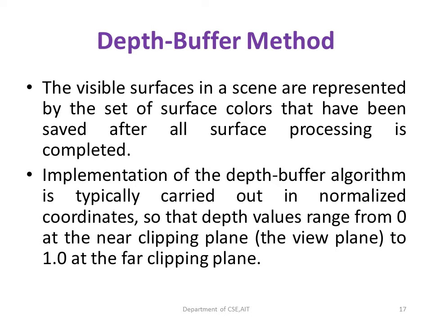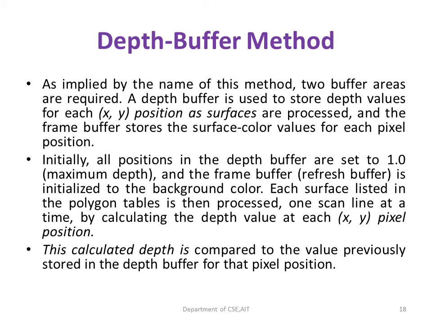Here 0 is considered the near clipping plane and 1.0 is considered the far clipping plane. Between the range of 0 to 1 only, I am going to put all my information, because this is my normalized coordinate system. In the depth buffer method, we make use of two buffers: one for storing the depth and one for storing the color.